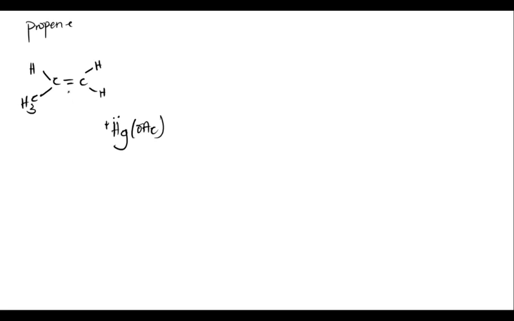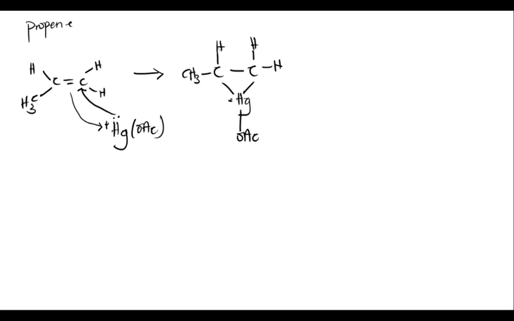Okay, so the double bond will attack the positive center, and then the lone pairs will attack this carbon, so we form this product. So we have the hydrogen here, and we have the CH3 here, then we have the single bond carbon, we have the hydrogen here, another hydrogen here, then we form the cyclic bond over here, then we have the mercury here attached to the OAc group, and it bears the positive charge.